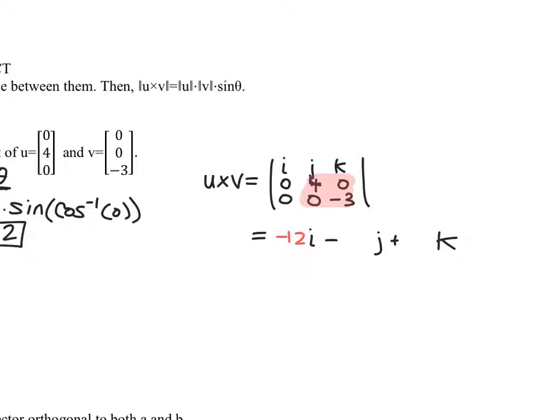Now for the j and k, in either case, we're finding the determinant with a column that contains, well, it doesn't have to be both columns, but all it takes is one column containing all zeros. If that's the case, then the determinant for each of those parts is going to be 0.